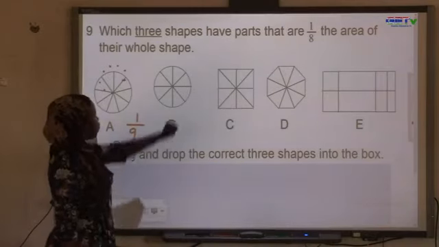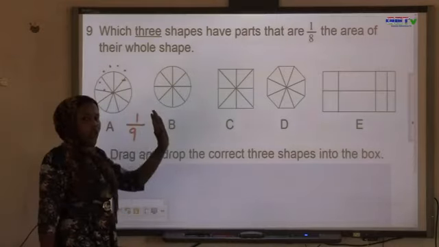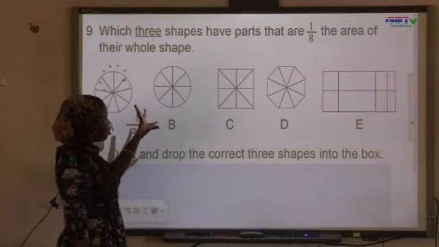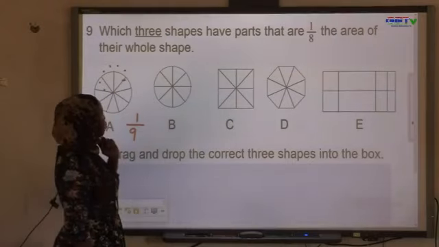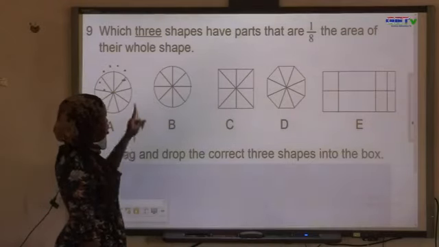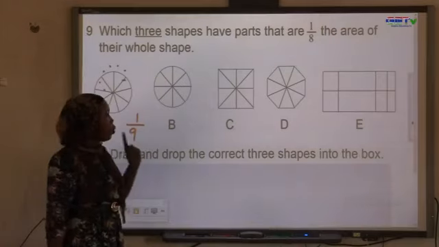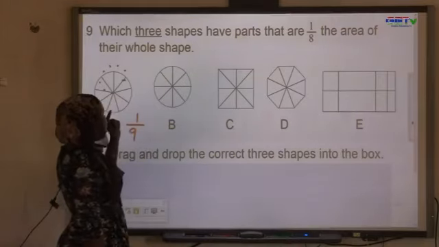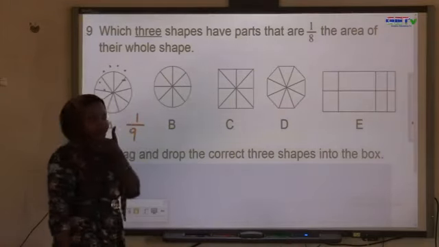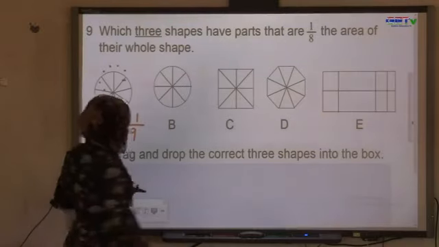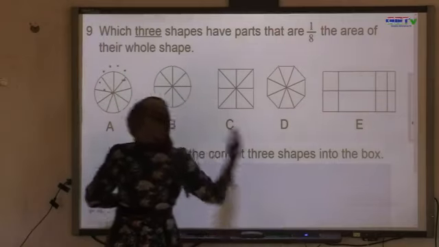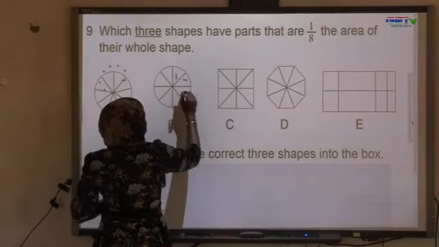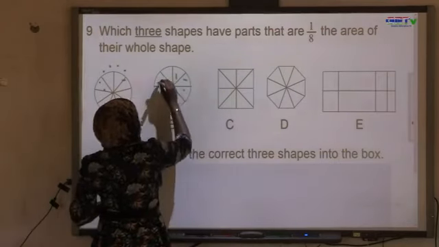In option B, we have a whole. Are all the parts equal? Yes, all the parts are equal. How many parts do we have? Can we count? We have 1, 2, 3, 4, 5, 6, 7, 8.